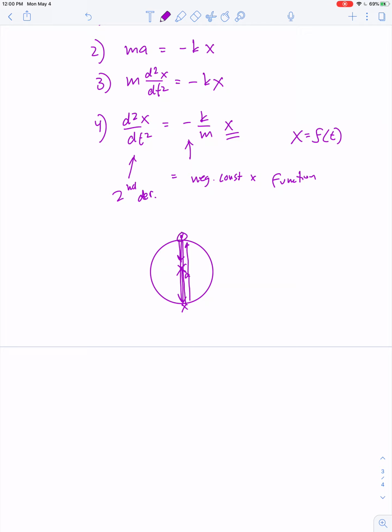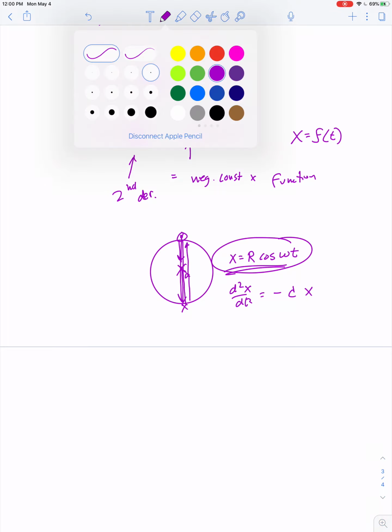And we found that if we made a guess that position is equal to the radius of the earth times cosine omega t, then by taking the second derivative of this function, we were able to show that the second derivative was equal to some negative constant multiplied by this very function itself. So we're going to take the same approach here.